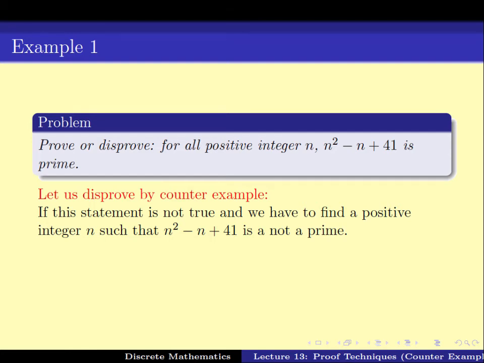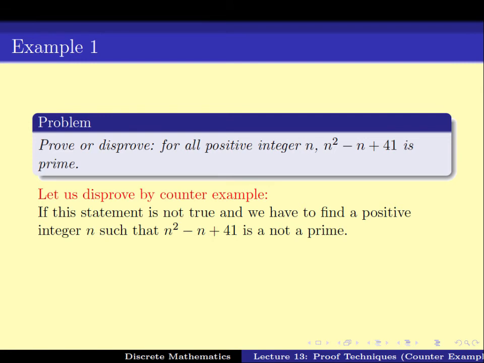Now, producing such an n is not necessarily the easiest job here. For example, one can check that if I put n equals 1 or 2 or 3 or 4 or 5 and so on, it will always turn out to be a prime.